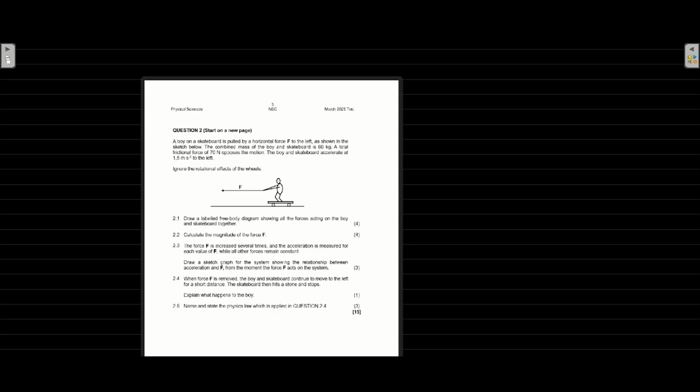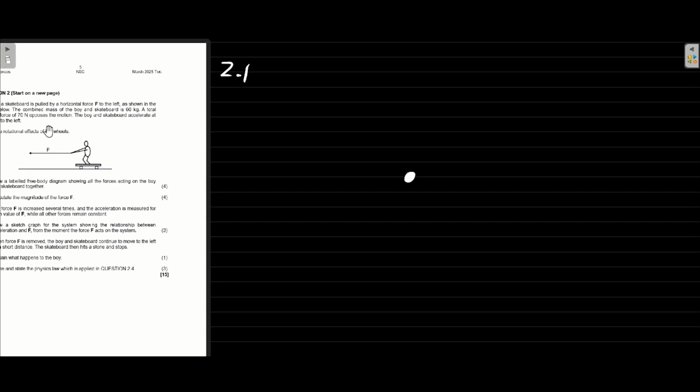So 2.1, they ask us to draw a free body diagram. Free body diagram meaning excluding the body, so I'm going to use a dot to indicate the body, and I'm going to start off. Let's have the image of the skateboard here so that we can remember what we are drawing. So I'm going to start off with weight.